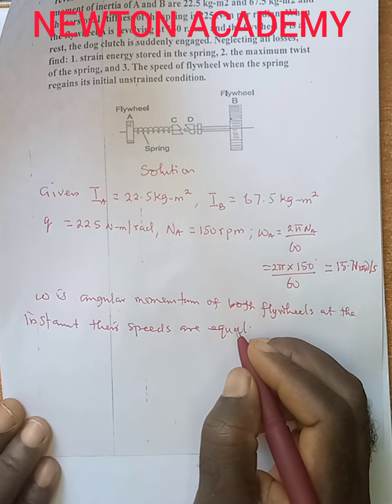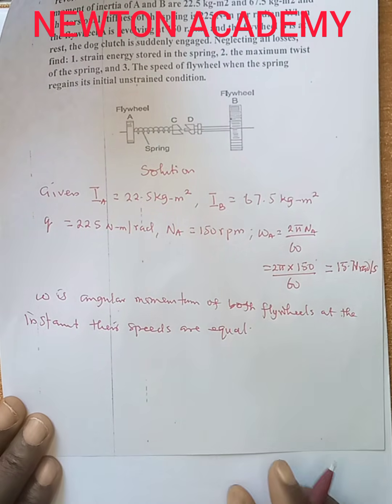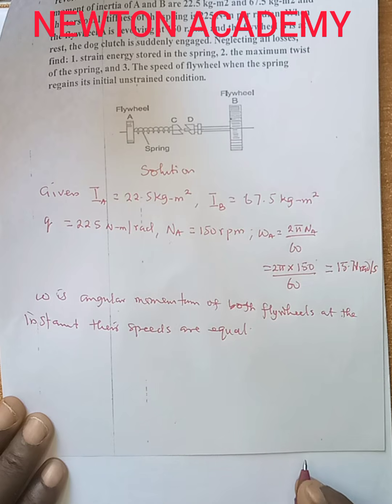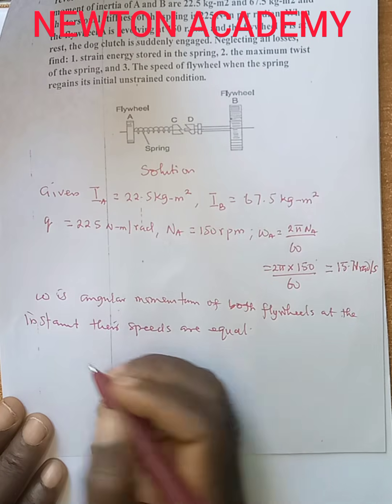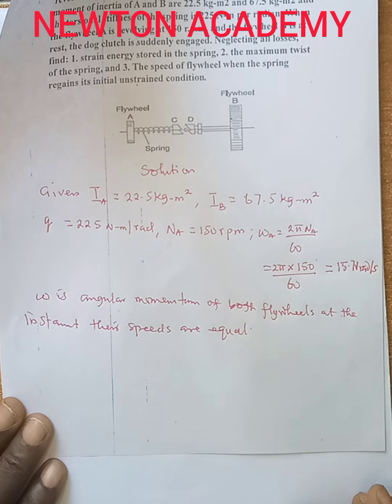Then from here, writing the momentum equation, we have the total momentum before the impact is equal to the total momentum after impact.